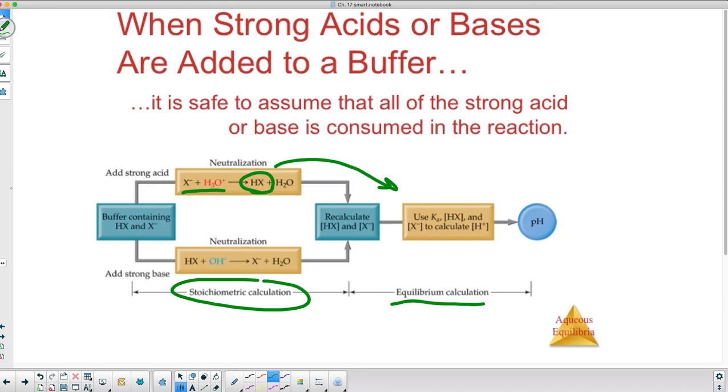Once we figure that out, what's left over will be a strong acid, a weak acid, or a weak base, and that's when the equilibrium calculations come in, in the form of ICE. So we figure out the amounts first by acid-base reactions, and then that takes us to the ICE table. That's how buffers work.